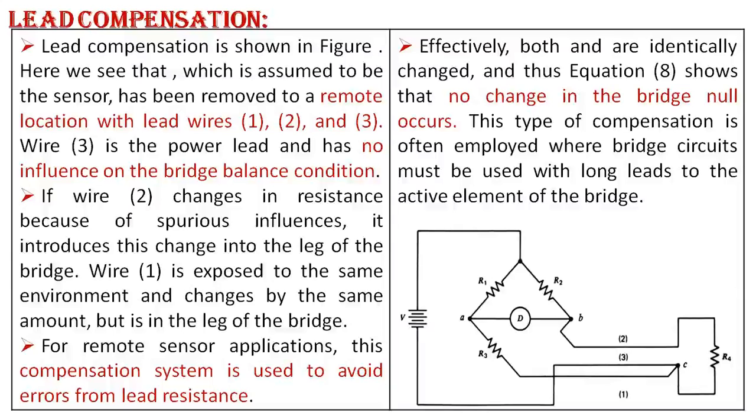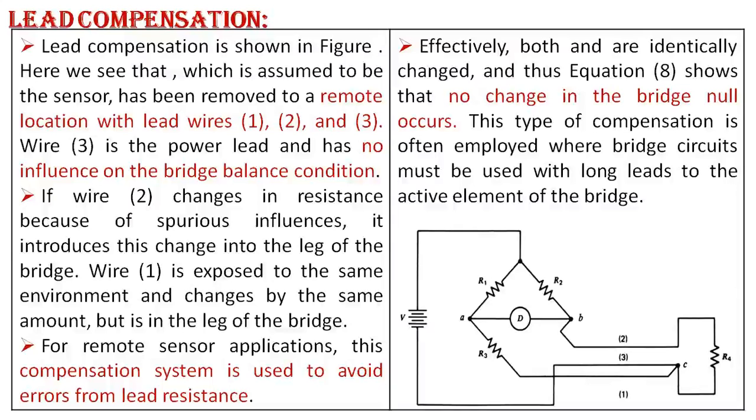If wire 2 changes in resistance because of spurious impedance, it produces this change in one leg of the bridge. Wire 1 is exposed to the same environment and changed by the same amount but is in the other leg of the bridge. For remote sensor application, this compensation system is used to avoid errors from lead resistors.